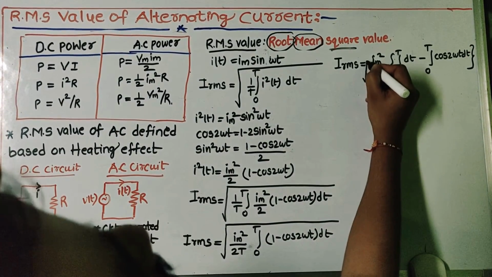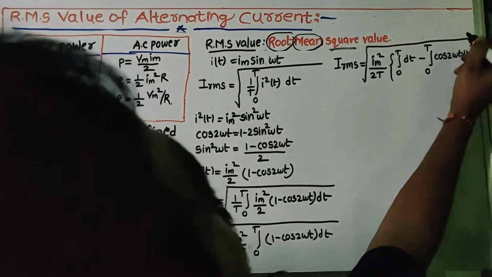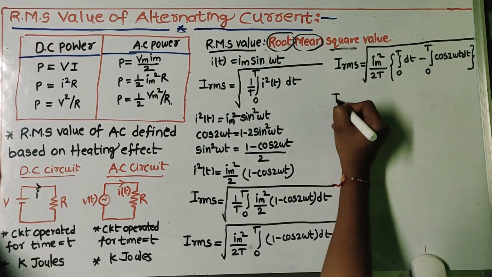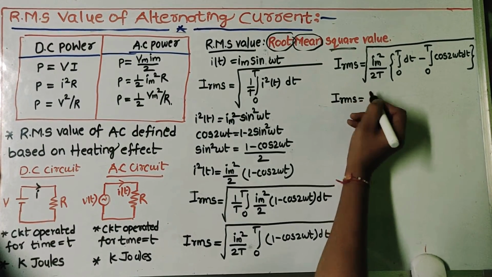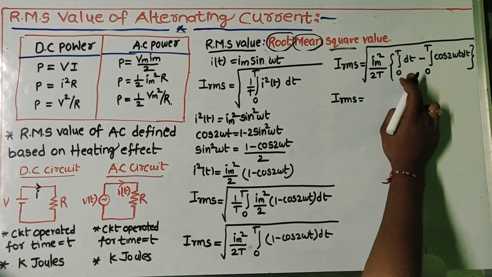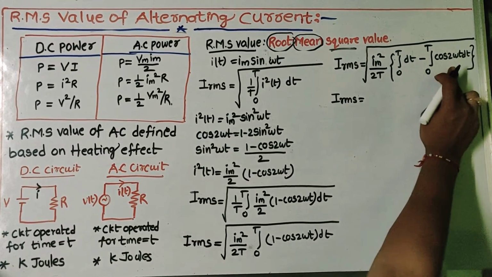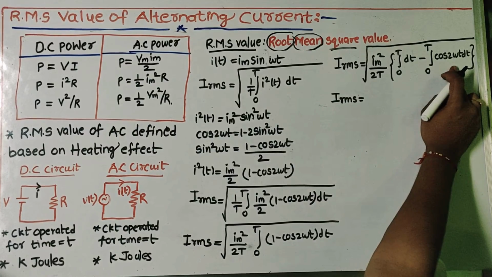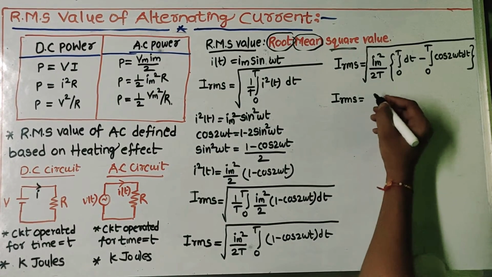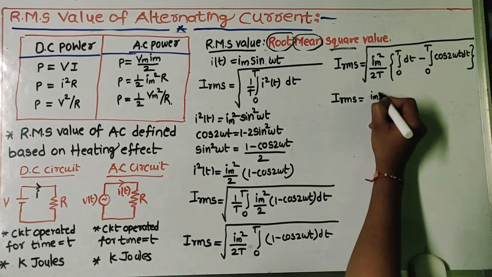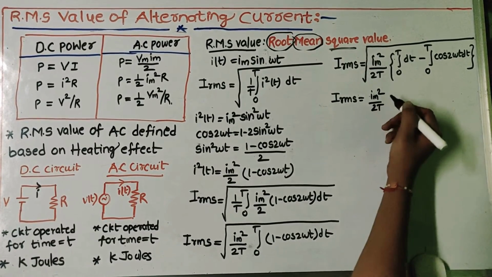So we have to take the square root. And then IRMS. So integrate. What is the integral of dt? It is t. So what is the integral of cos 2 omega t dt? It will be sin 2 omega t by 2 omega. So then Im square by 2T.